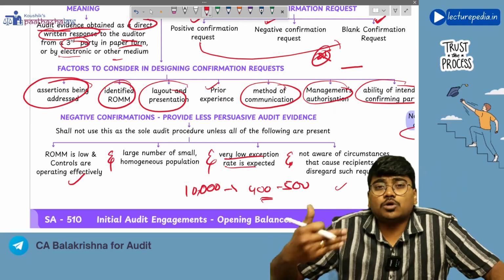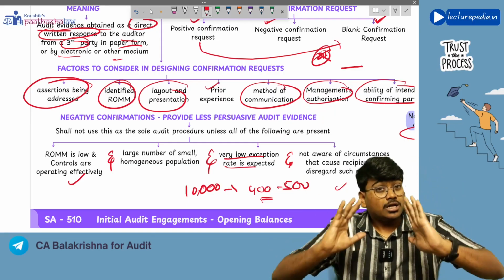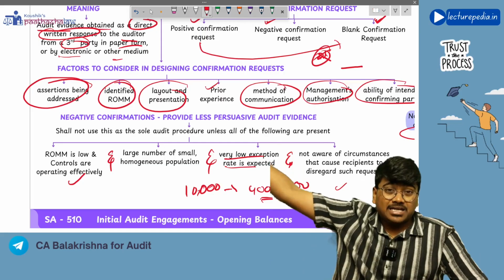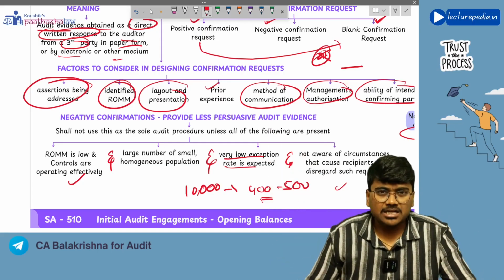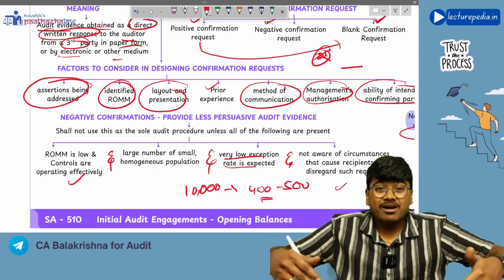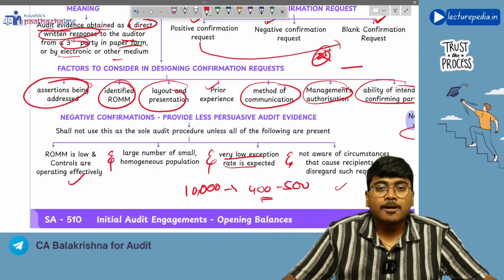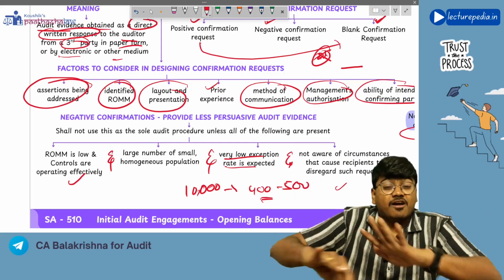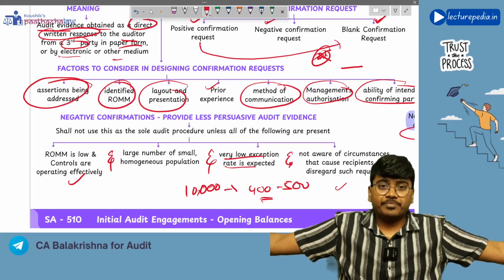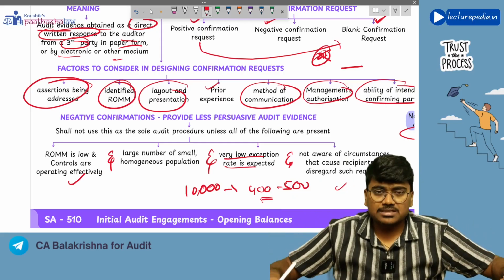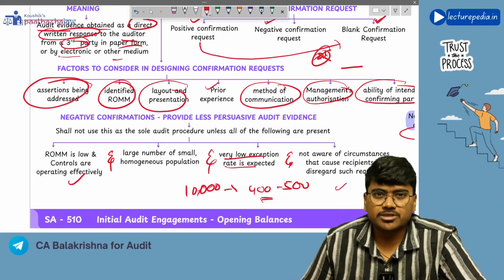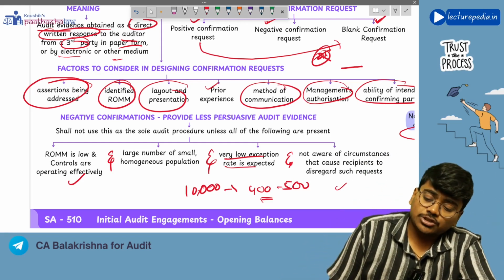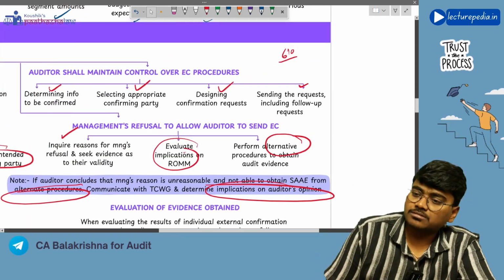If you are sure that the confirming party will disregard my request, then you should not use negative confirmation request. Understanding? Only if you don't have any points to believe that the confirming party will disregard my request, only in such a situation you use the negative confirmation request. Got it? So these four situations should be present in order to use negative confirmation request.